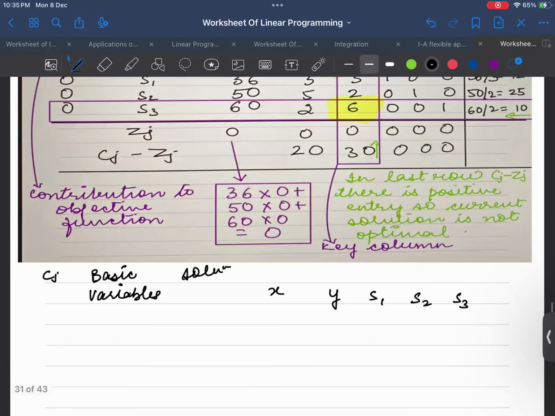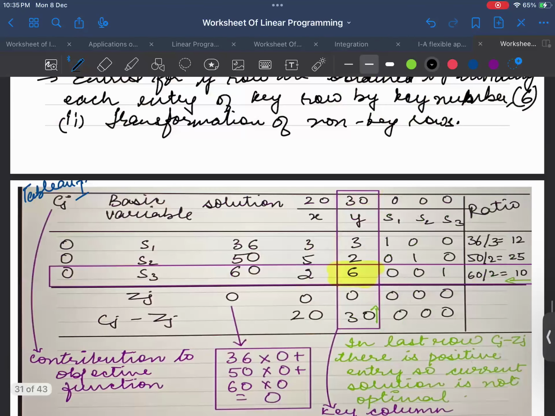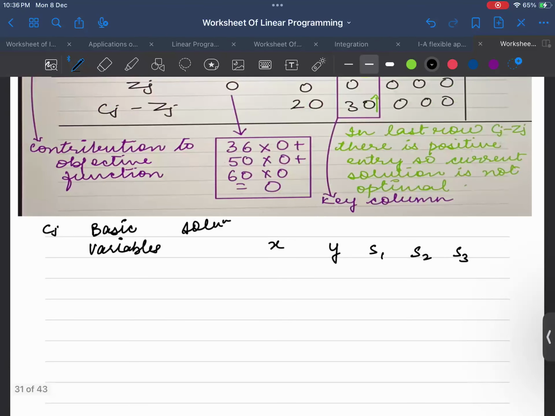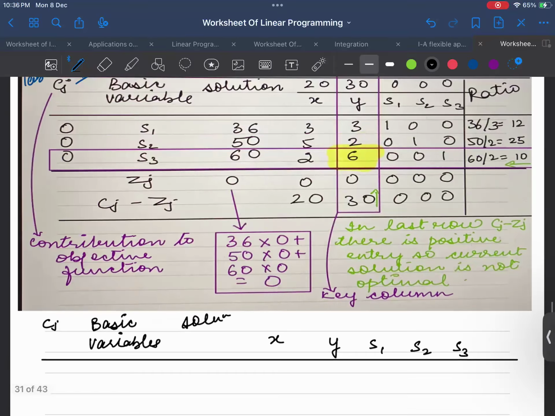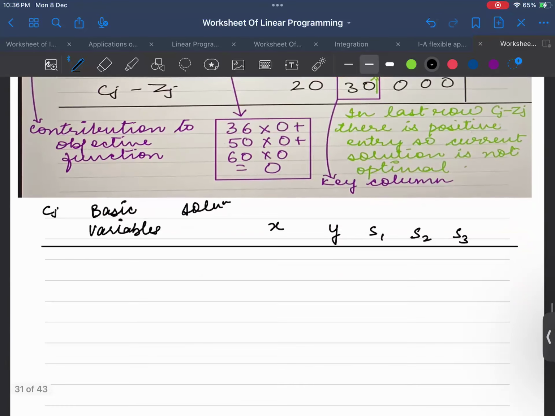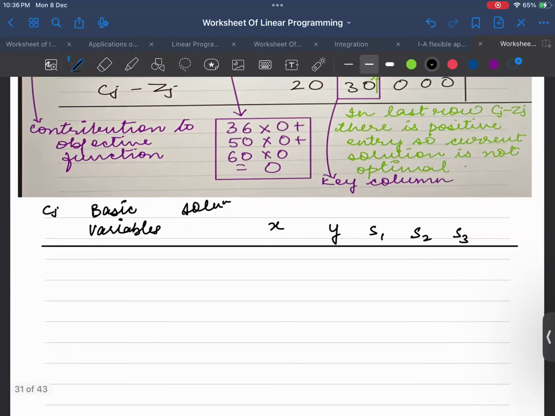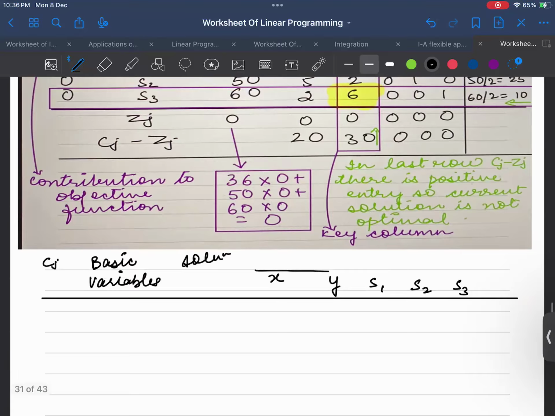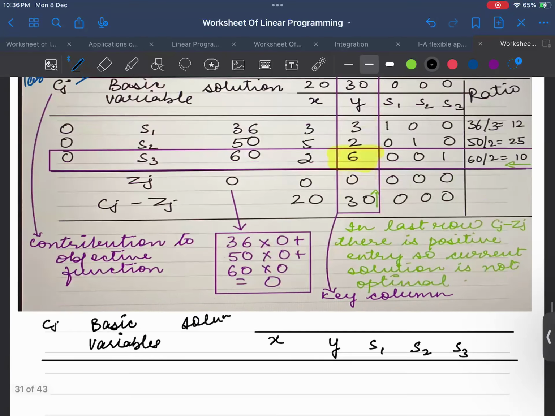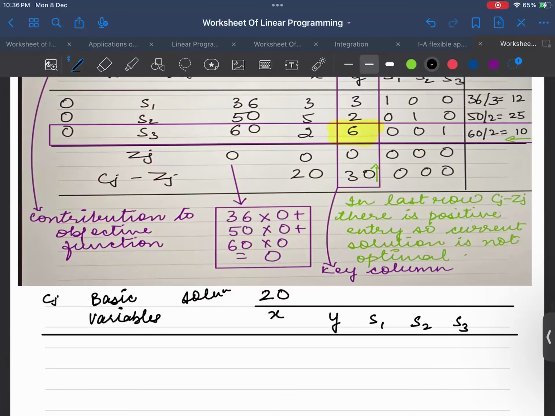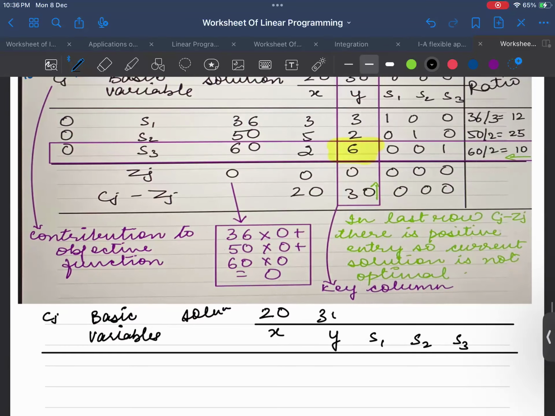I think it's the same. Okay, it was 20. It is 30.